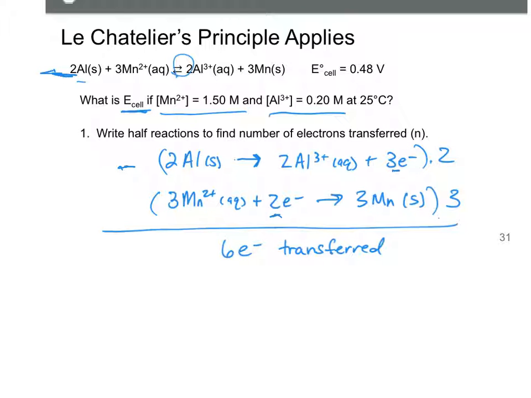Oh, you're right. You're right. Yep, I just didn't take that into account. 3 Mn, 2 plus. Yeah, sorry guys. Anyway, 6 electrons transferred. Okay, 6 and 6.